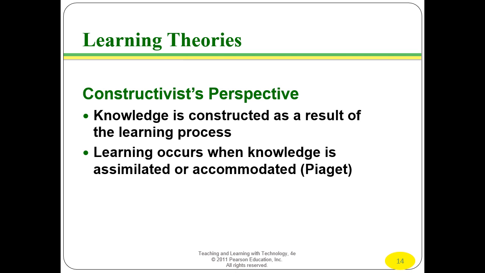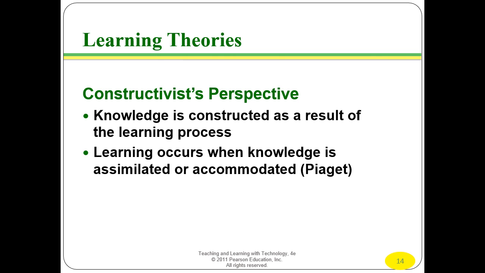Learning occurs when knowledge is assimilated or accommodated, and that gets back to the work of Piaget. Because Piaget looked at learning this way: a learner has to take the information in, and then, for lack of a better word, make some sense of it.